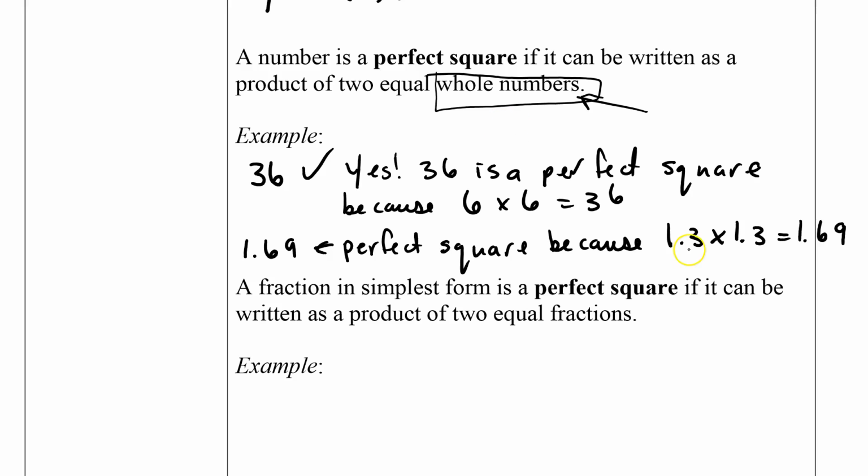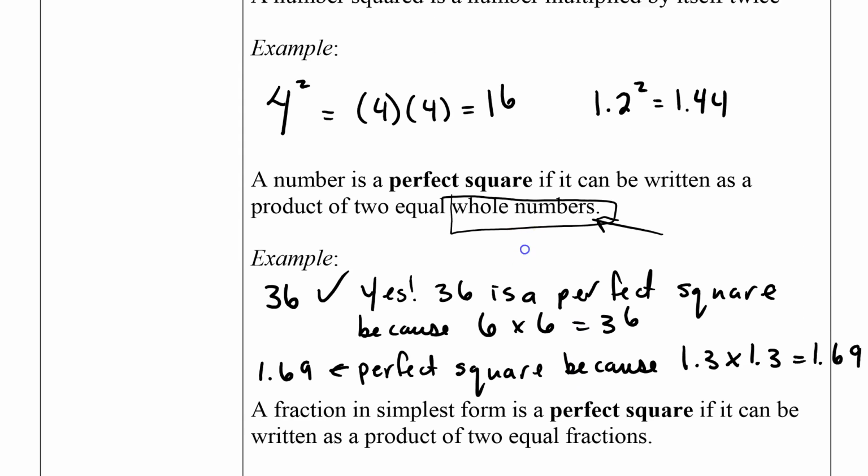So they're not necessarily two whole numbers because 1.3 is a decimal, but it's actually two rational numbers, or two numbers that terminate. In some ways, these two things are opposite.